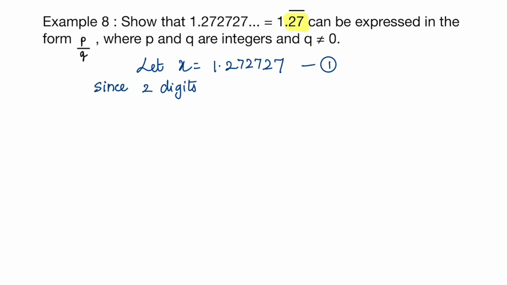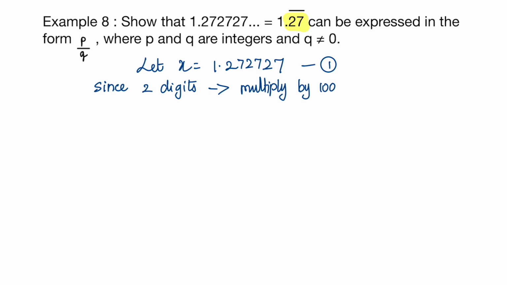Now, since we have two digits, we are going to multiply by 100 on both sides of the equation. In the previous question, only one digit was repeating, and so we multiplied by 10.